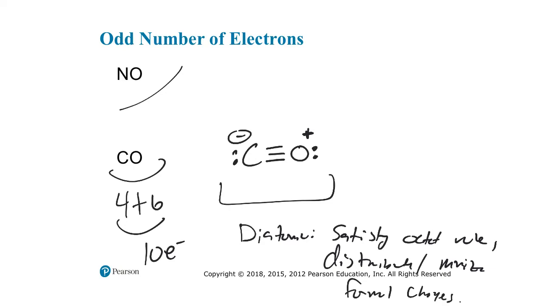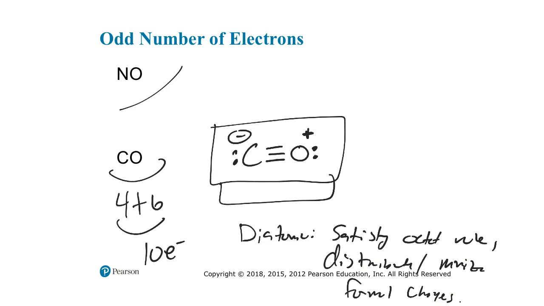Now there's really no alternate structure here. There's no way for me to flip and add, like if we want to add an electron to O, take one away from carbon, that doesn't quite work because we would be expanding the octet of O, and we can't do that. So we are limited to this Lewis structure here.